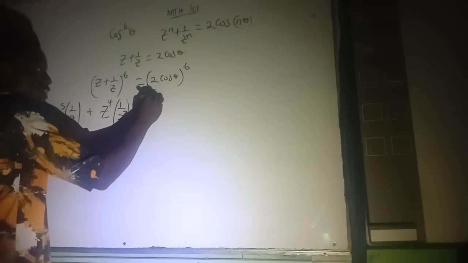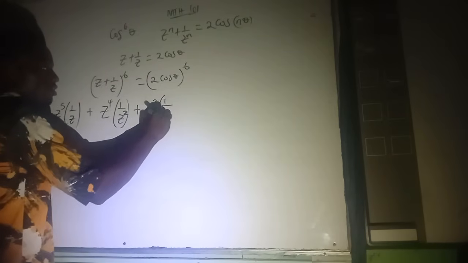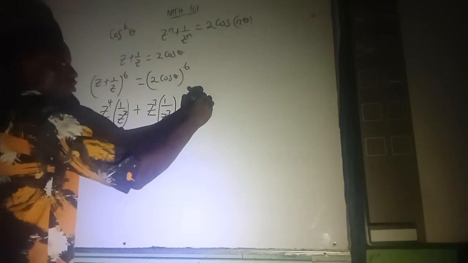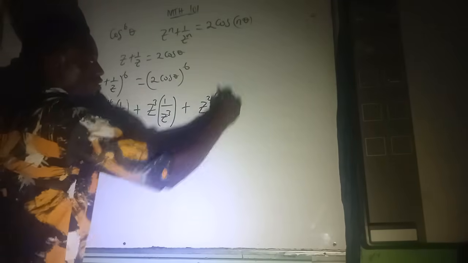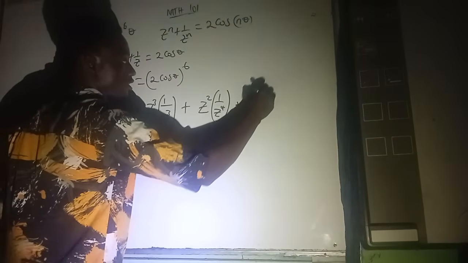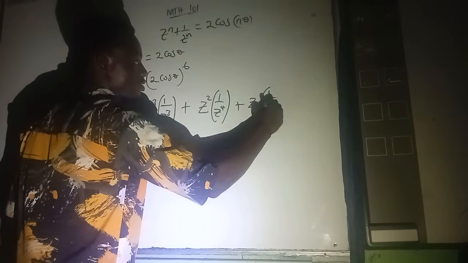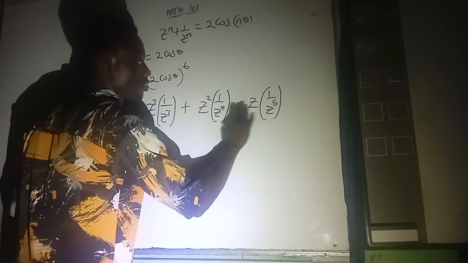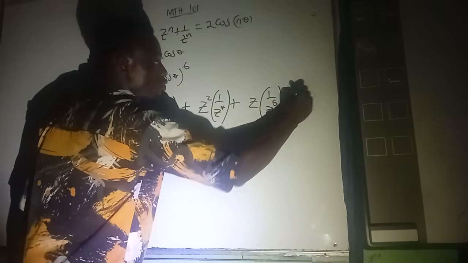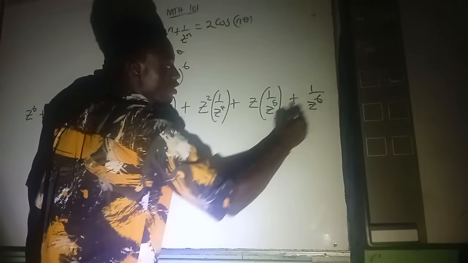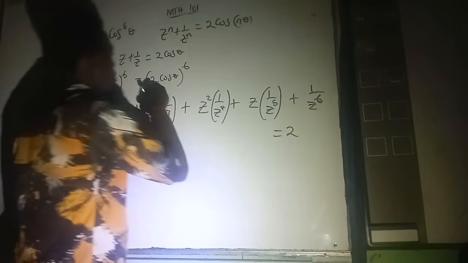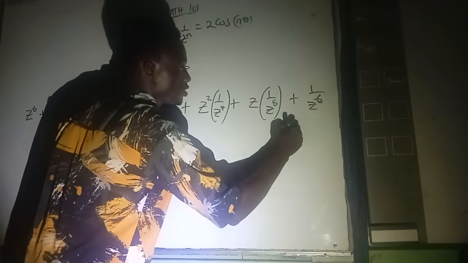Plus z cubed over z cubed, plus z squared over z^4, plus z over z^5, plus z^0 over z^6, equals 2 raised to power 6, which is 64.